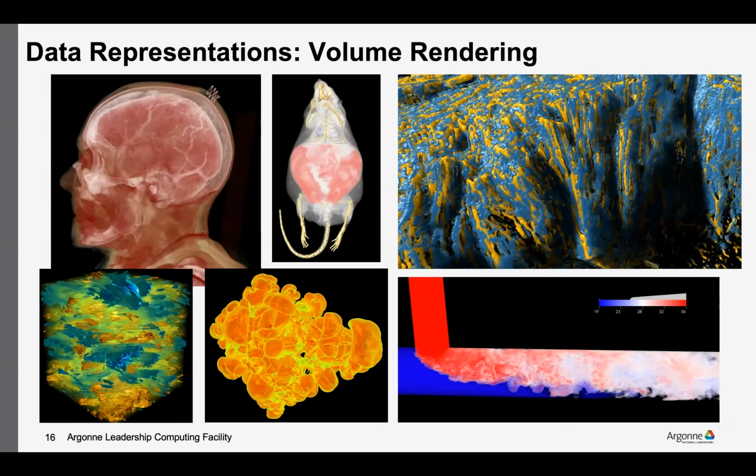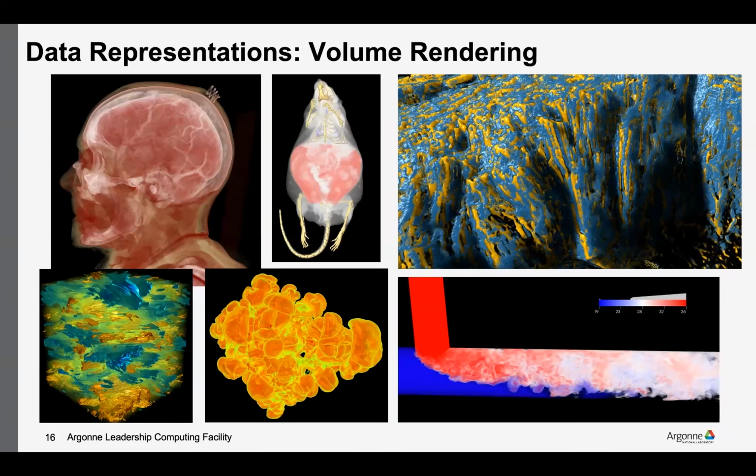Depending on the transfer function, you could say that a particular value in the data set is more opaque or more transparent. For some of these examples, if you look at the little mouse there, you can define different ranges of values to be different colors and different transparencies.